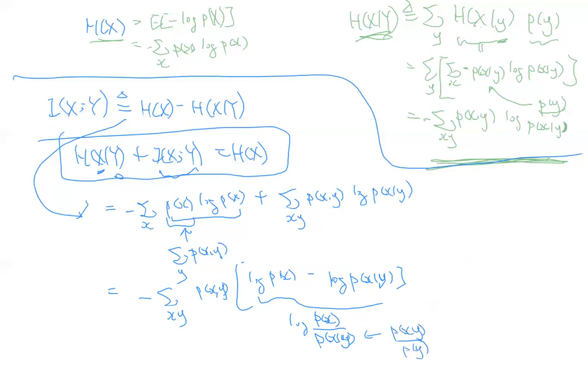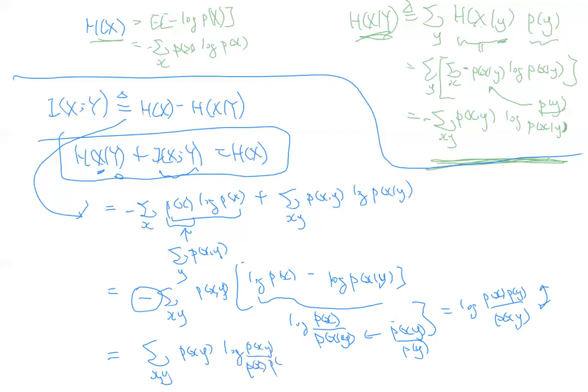Therefore this guy here is log of p(x)p(y) over p(x,y). So let me write down the whole thing now: it's p(x,y) times the inverse of this, absorbing the minus sign, so I just flip the numerator and denominator to get log of p(x,y) over p(x)p(y).